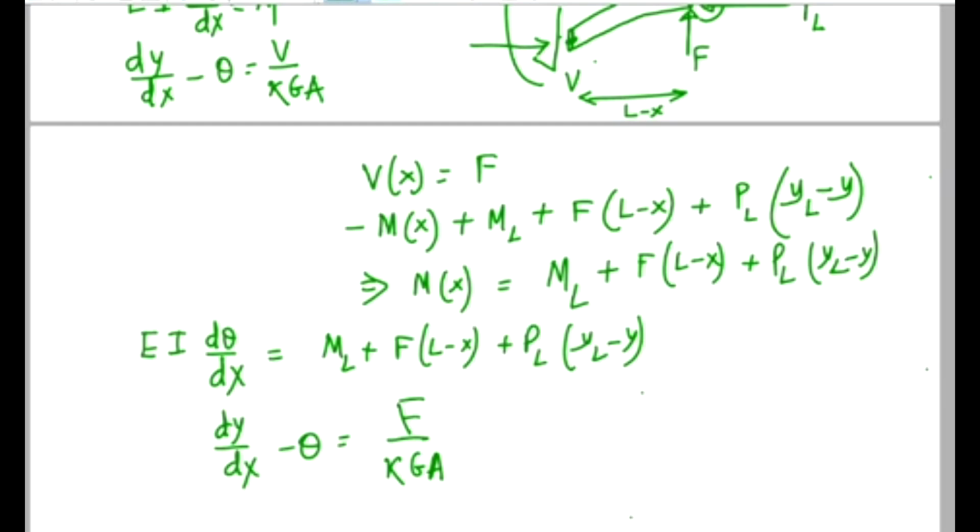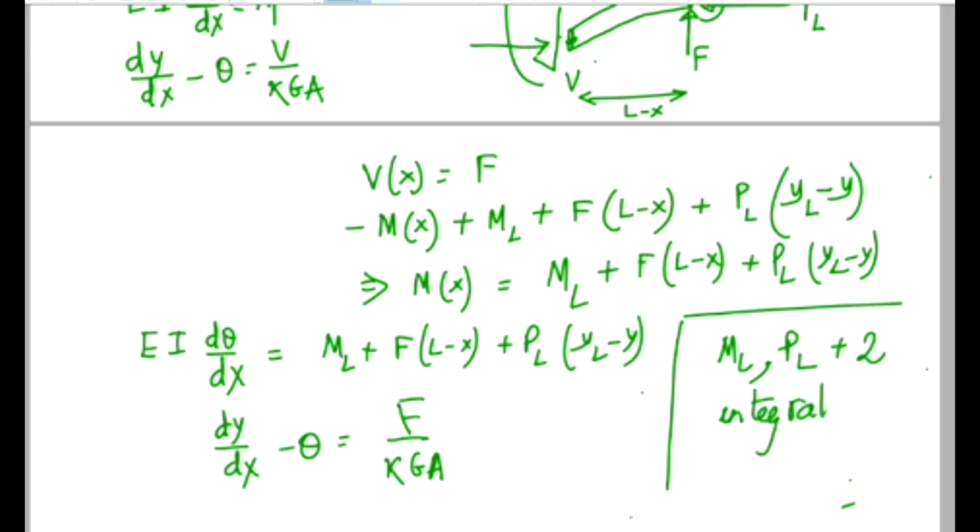So how many unknowns are present in this equation right now? So you have ML as unknown, PL is also an unknown, then you have two integrating constants, right? Because it's two first order equations, so you get two integrating constants. So total 4 unknowns. So we will need 4 boundary conditions. And do we have 4 boundary conditions here?